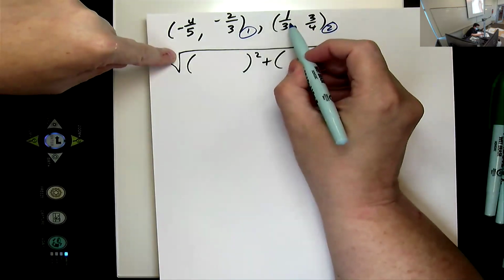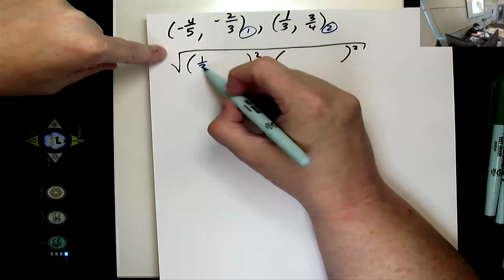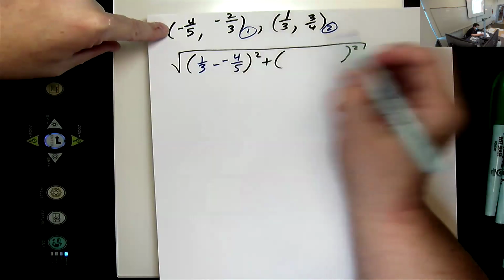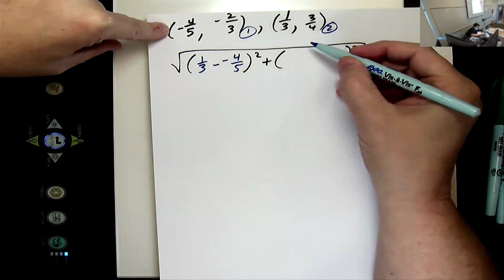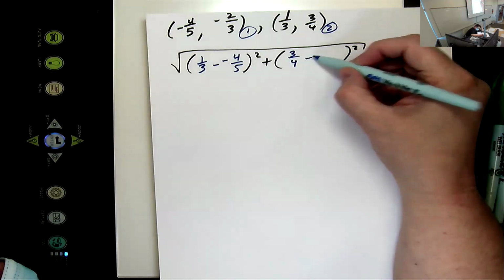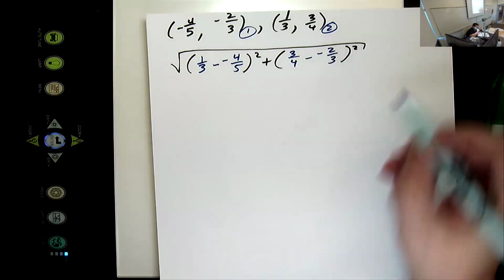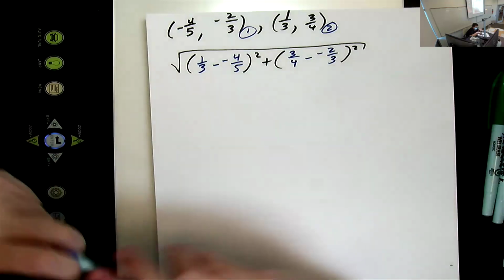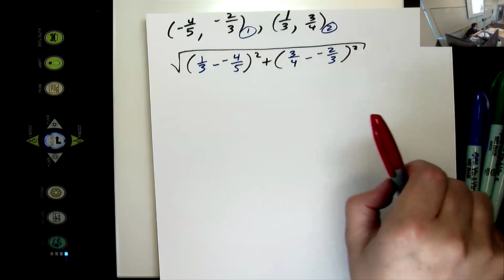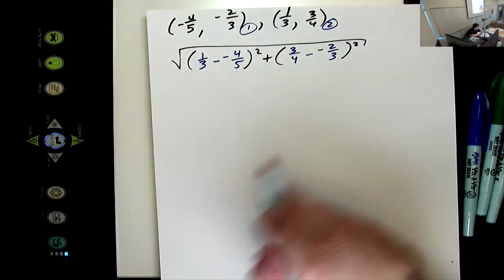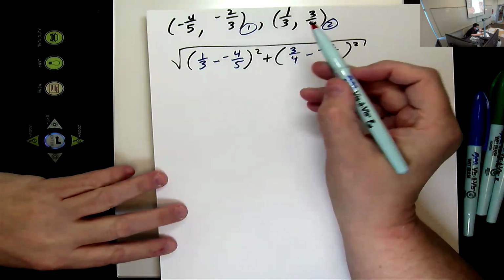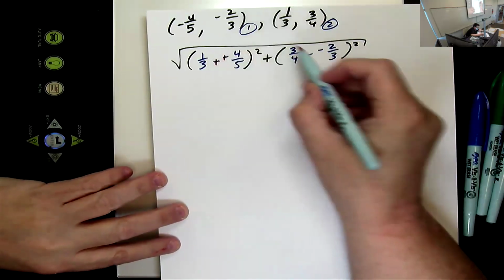The x value for x2 is 1/3. And I got minus -4/5. And then y2 is 3/4. And I got minus -2/3. So the minuses turn into a plus, right?